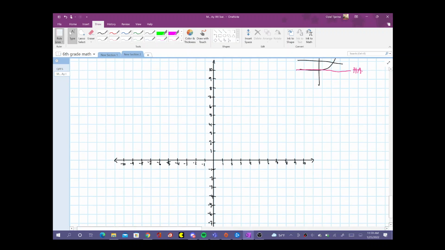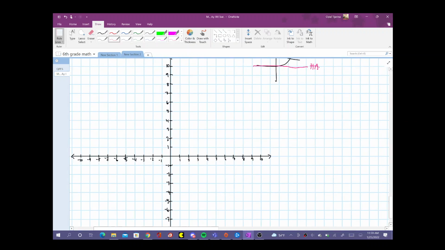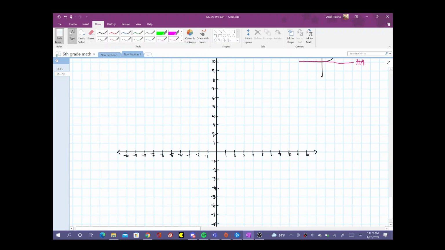So that means that our horizontal asymptote is at -1. So I'm going to label it with a dashed line, and that'll tell me that at that specific y value is my horizontal asymptote.